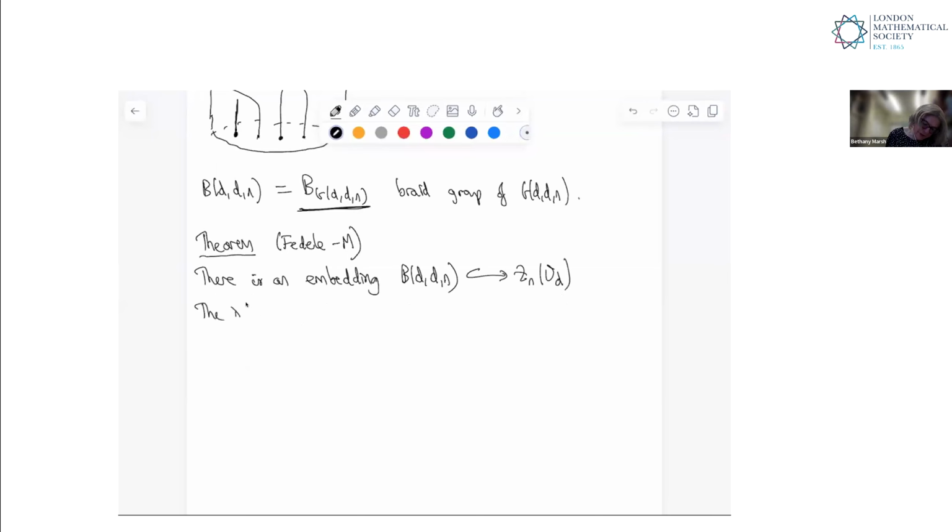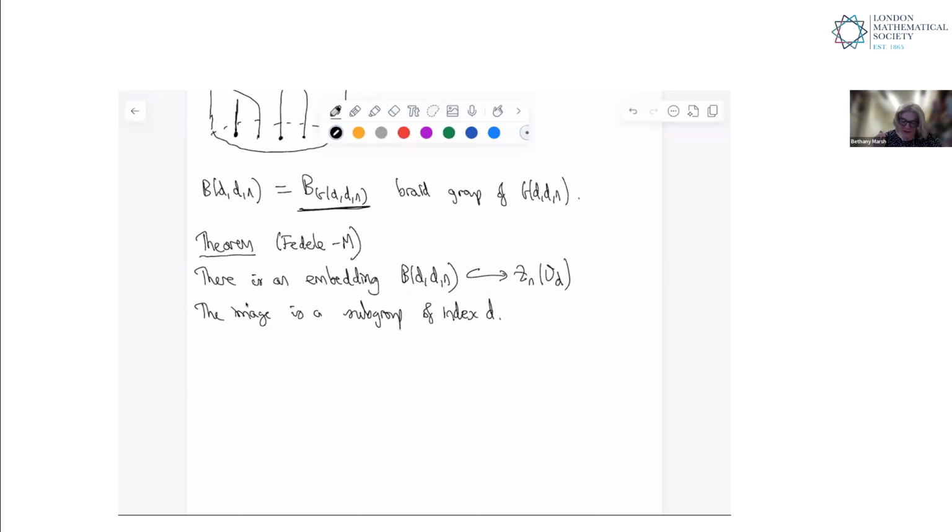And the image is a subgroup of index D. So it's not quite the same. In Francesca's case, we saw that it was actually an isomorphism. But in general, unless D is 1, when it is an isomorphism, you get a subgroup of index D.